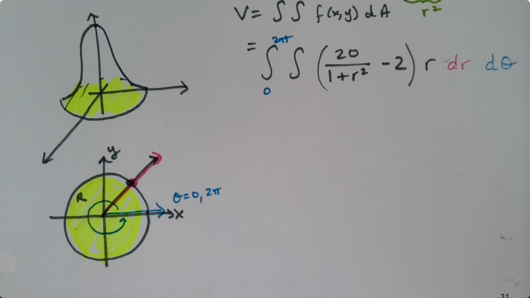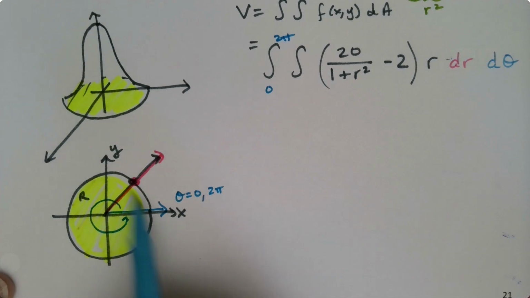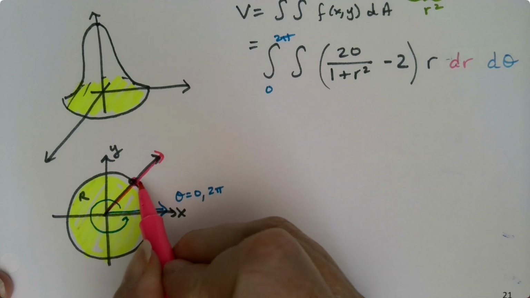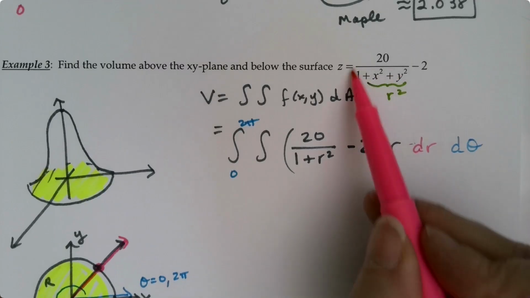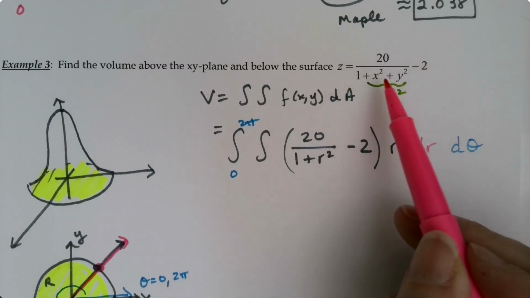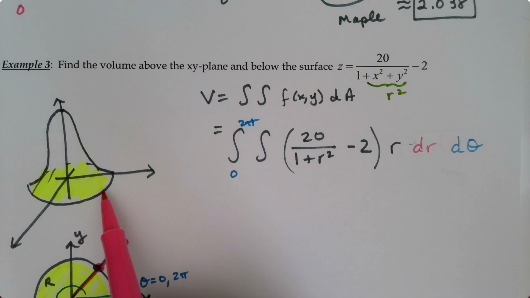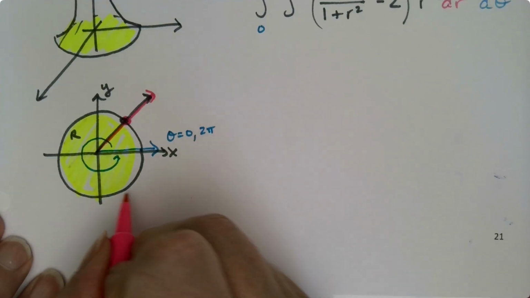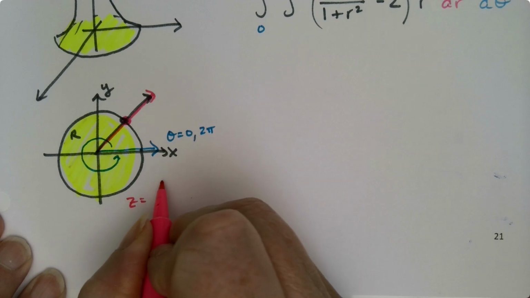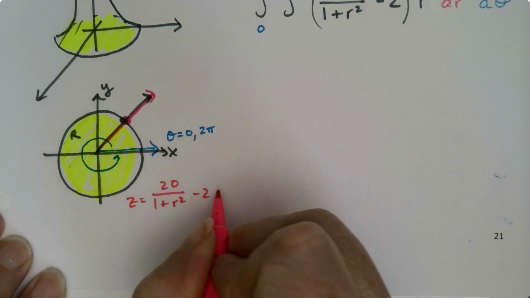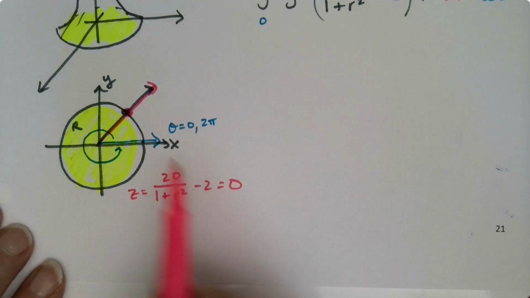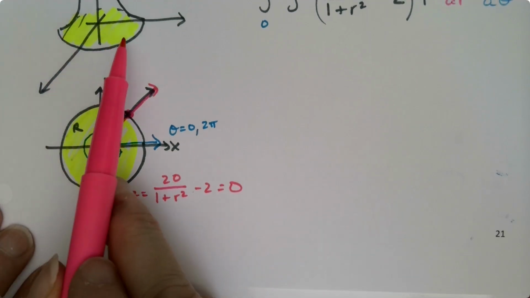R is the one that's going to take a little bit of work, because where is this radius happening? Where are we hitting? We need to know where this is. To do that, we have to think about where this surface, this wizard's hat, was hitting the xy plane. So z, which was 20 over 1 plus r squared minus 2, was equal to 0, because the xy plane has z equal to 0.